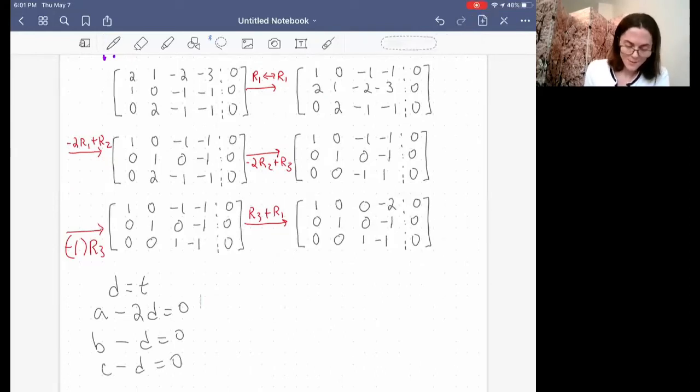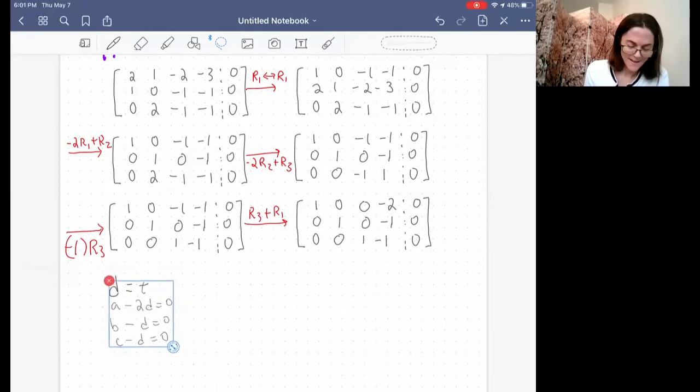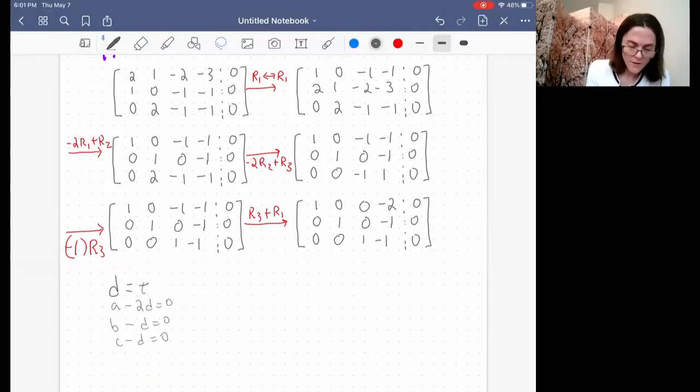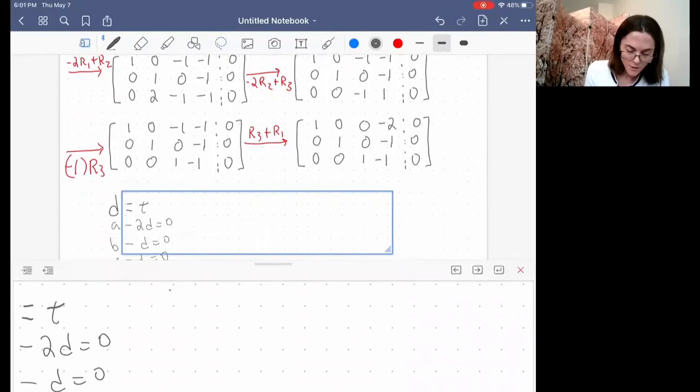Let me make these a little smaller. Uh-oh. I resized only part of that. I think that's okay. Now I'm ready to solve a general solution. If I wanted to write it, would be, for example, this vector.